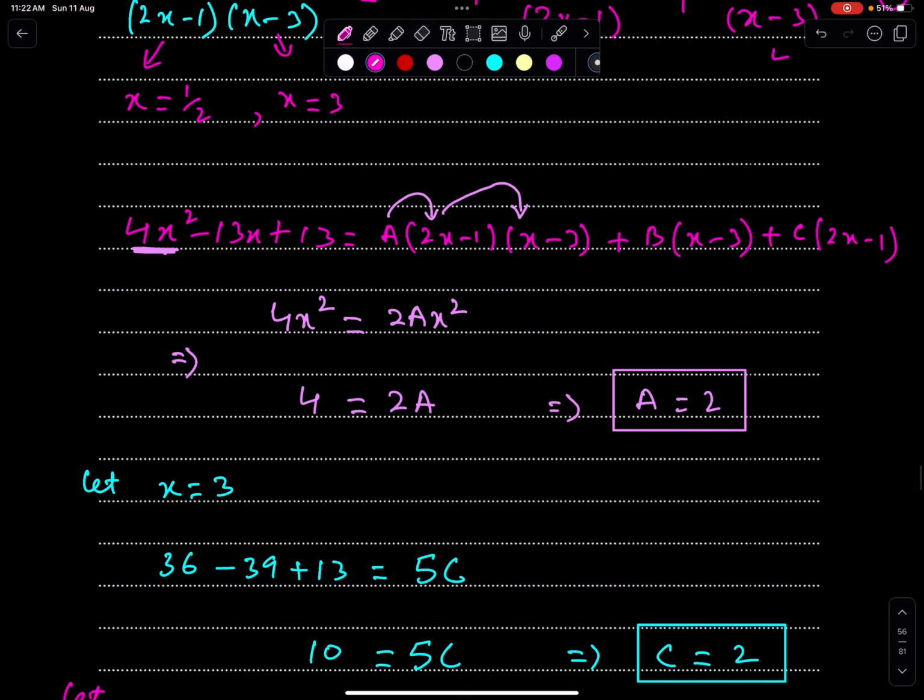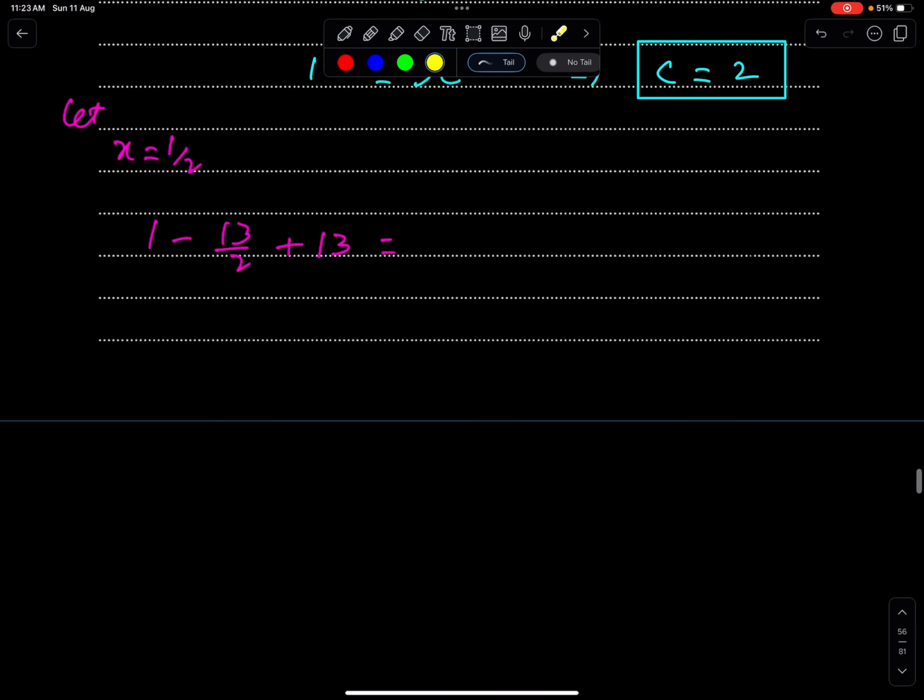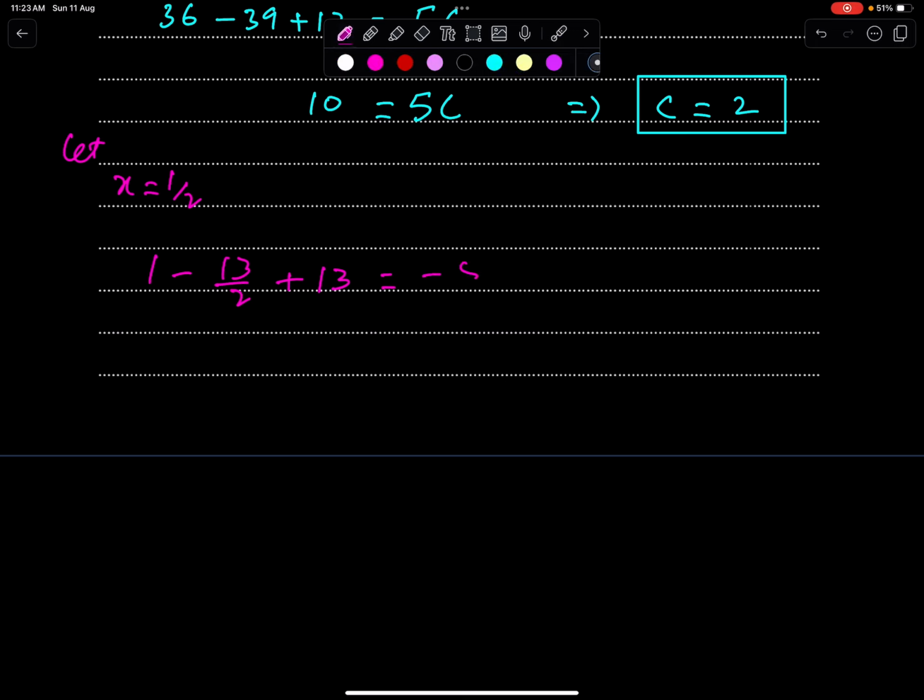Again these two terms will become 0, this one and this one. When we substitute half here, this will become 0, this will also become 0. So we'll get only this term. When we substitute half here, we'll get minus 5 upon 2 times b.